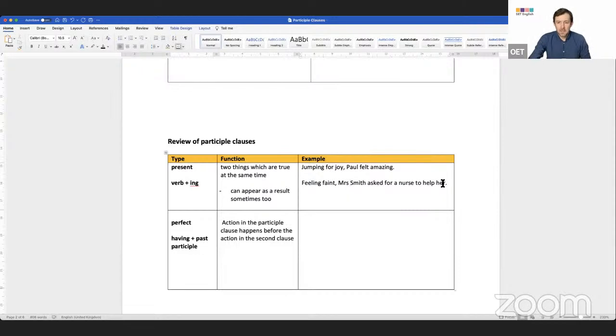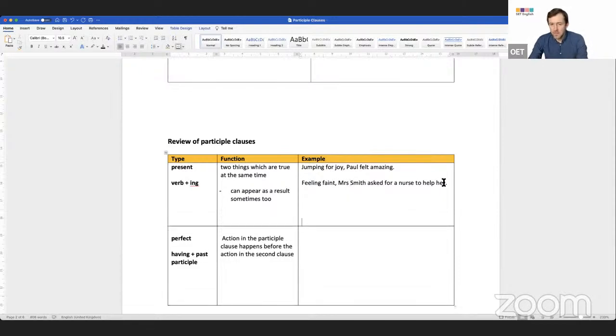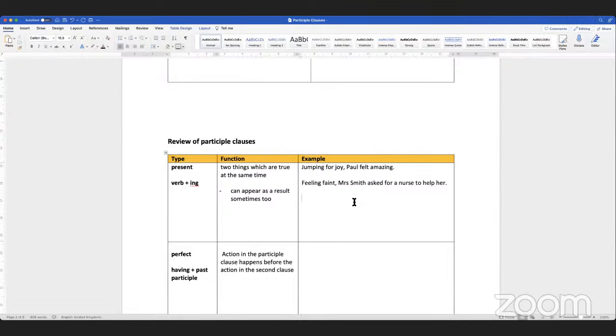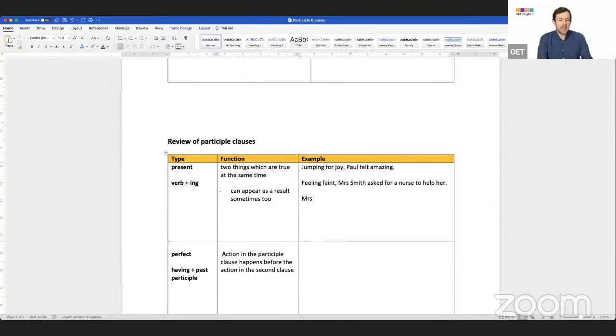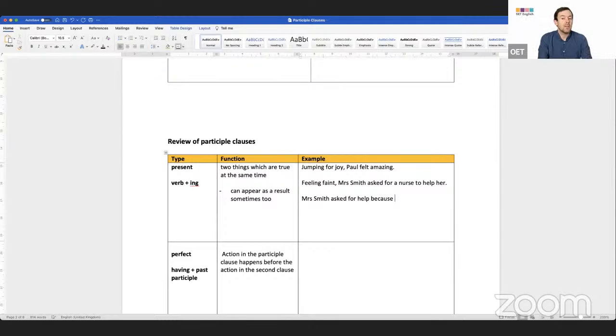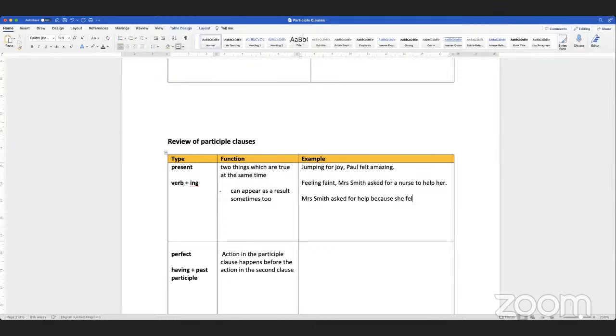Now, can you think of a relationship between those two things? Did one cause the other? Yes. One is the cause. Feeling faint is the cause, isn't it? So if I said Mrs. Smith asked for help, what would you put as a linker now? Because she felt faint.